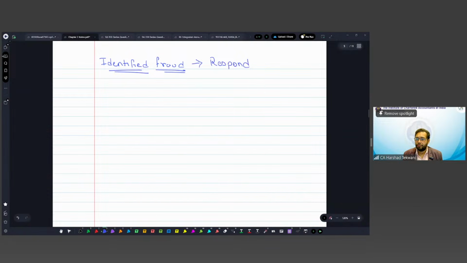There is a protocol. If the amount involved is more than 1 crore, we need to report to the central government as well. Section 143. Yes, absolutely correct. Very good, Geet. Yes. Documentation.